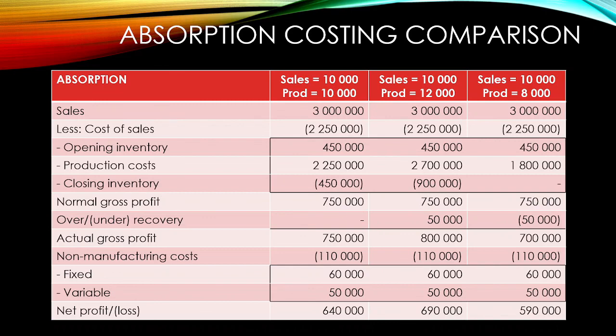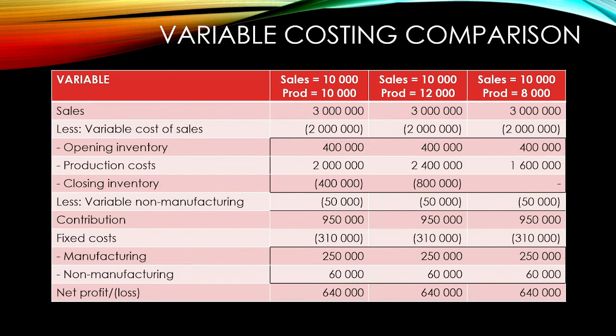If production is greater than sales, our net profit is higher. If production is less than sales, our net profit is lower. This is how we can manipulate our profits through production. It also shows that absorption costing net profit is a function of both sales and production.